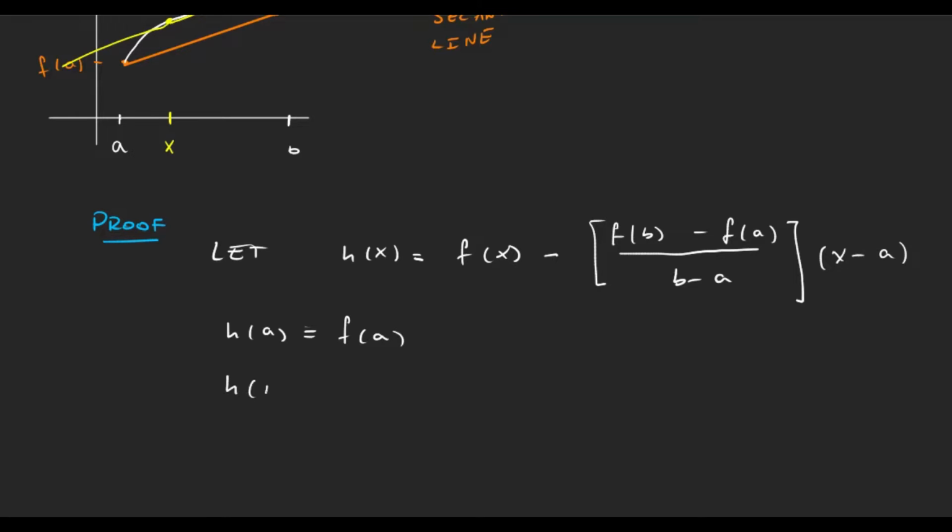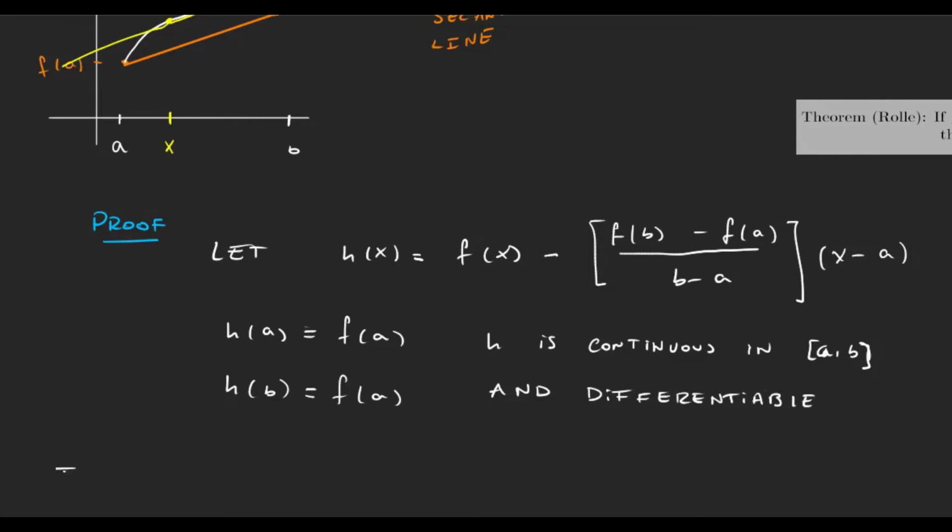Now also h of b: when we do this we have f of b here, and then minus, b minus a with this b minus a in the denominator would cancel, and we get f of b minus, and minus, it's plus f of a, so f of b and f of b would cancel, and we would get f of a. So it's the same at both extremes, and as we said, h is continuous and differentiable.